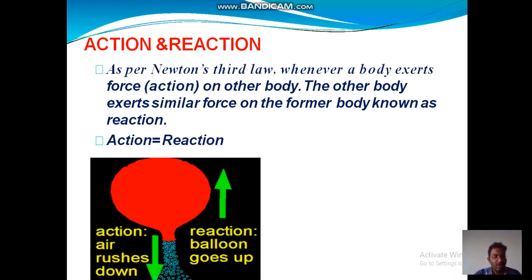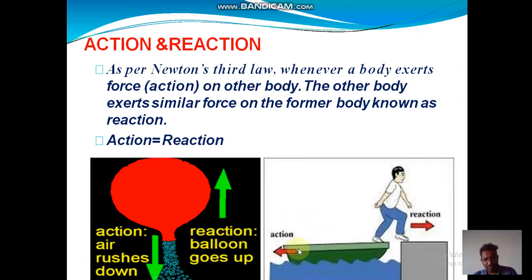See, if you tie air in a balloon and then remove the tie, automatically the air blows in this direction and the balloon moves away in this direction. Both the forces are equal. And the next one, if a person is traveling from a boat to the bank of the river, the action is in this direction and the reaction in this direction.